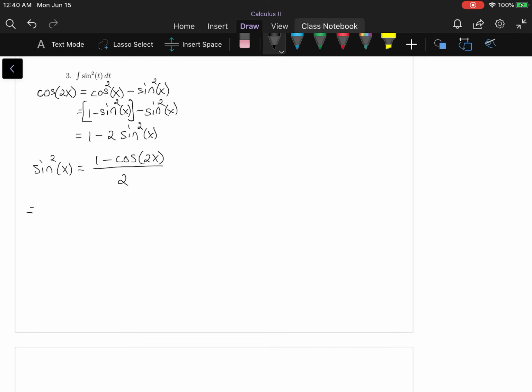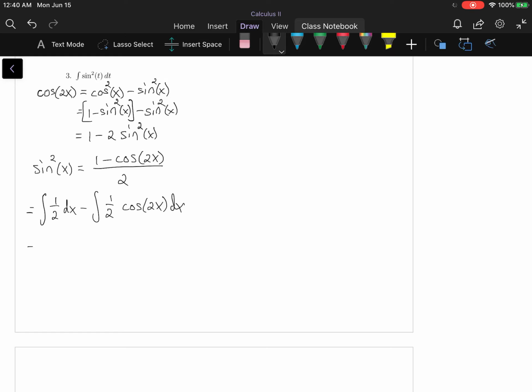Our integral then is the integral of, I'm going to divide by the 2, so I've got 1/2 dx minus the integral of 1/2 cosine 2x dx.